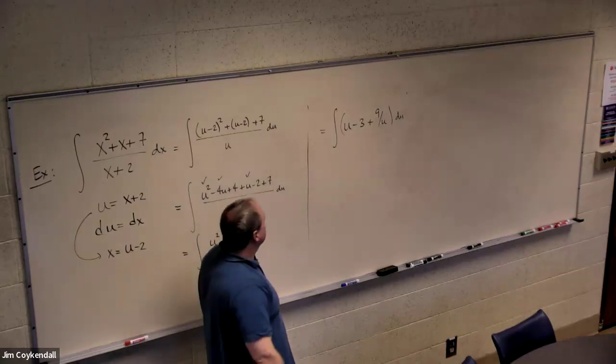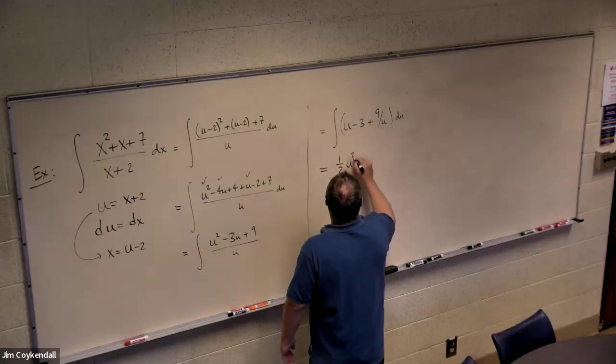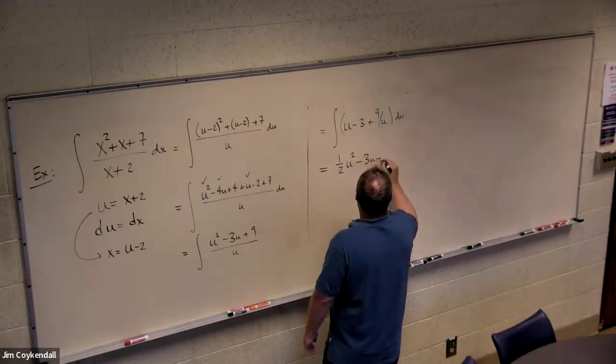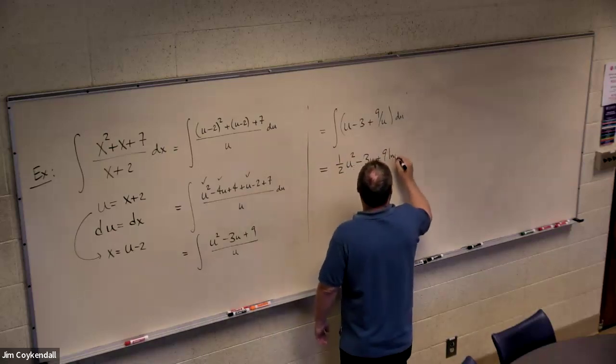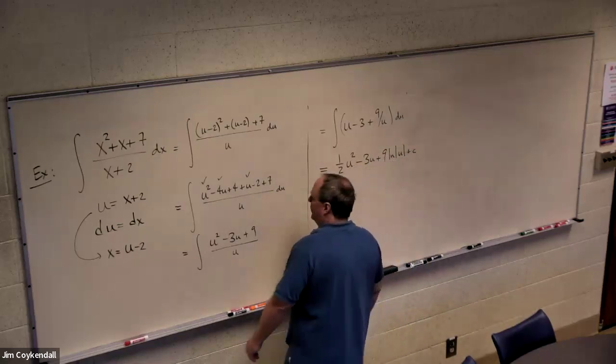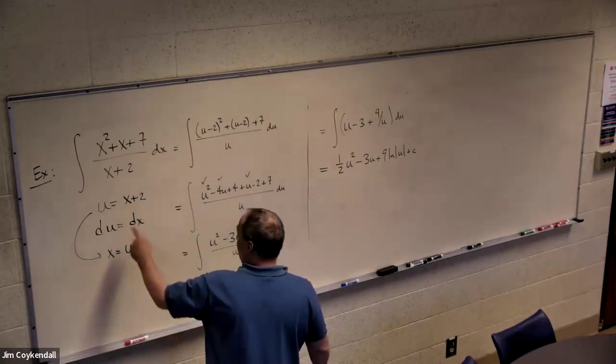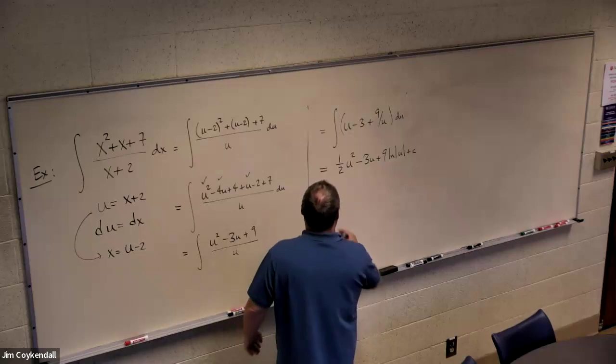So what do I get? 1 half u squared minus 3u plus 9 natural log of absolute value u plus constant. And since this is an indefinite integral, we know I need to put back in terms of my variable x, which was u is x plus 3.